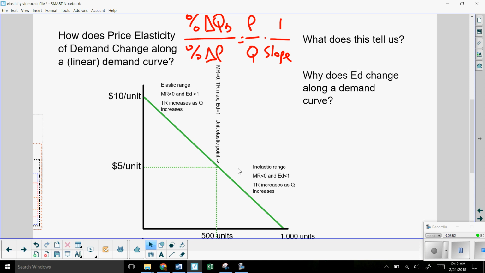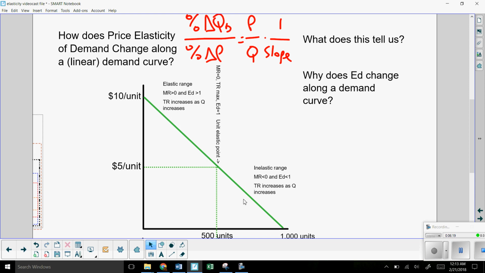ED will always be negative, but economists by convention will drop that negative sign and then compare the resultant value to 1. And if we compare it to 1, we find out a couple of interesting things. We'll know either that value is going to be greater than 1, and then we can infer all of these things right in here about demand for that point or range on the demand curve, or we'll find out that it's less than 1.